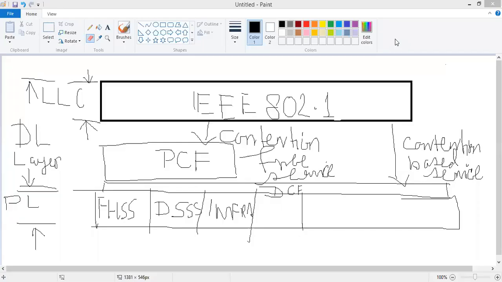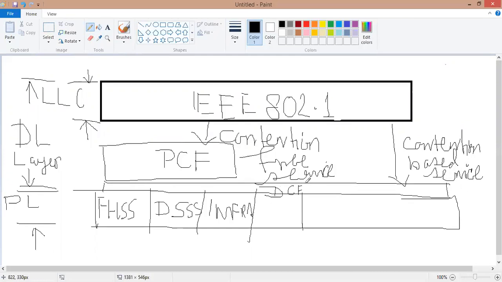Now let's discuss the MAC sublayer. IEEE 802.11 defines two MAC sublayers. One is PCF, P for point, C for coordination, F for function, and DCF, D for distributed, C for coordination, F for function.